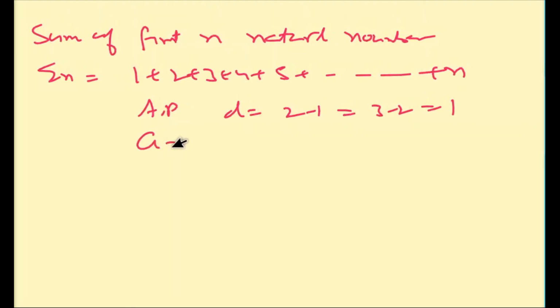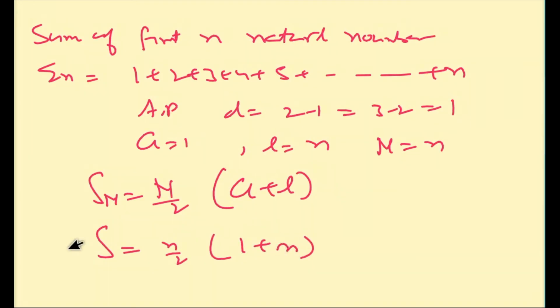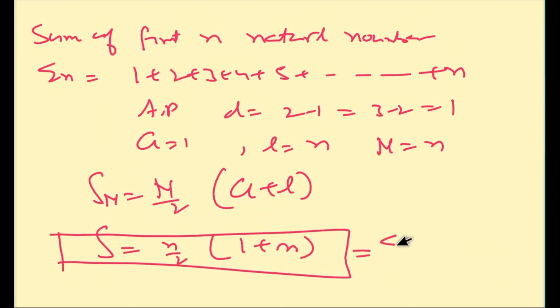First term is 1, last term is n, number of terms is n. So we can use the formula S n equal to n by 2 (a plus l) and put the values here. We get n by 2 (1 plus n). Okay students, so this is the formula for sigma n, the sum of first n natural numbers.